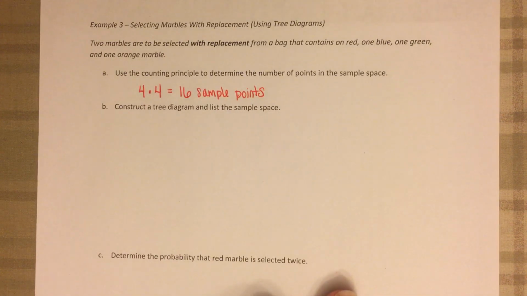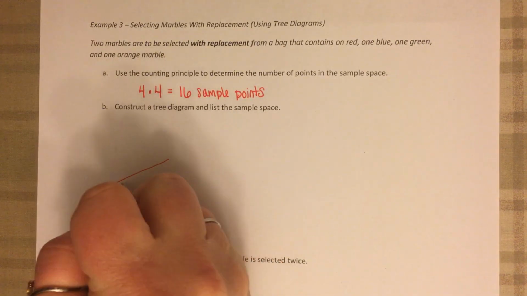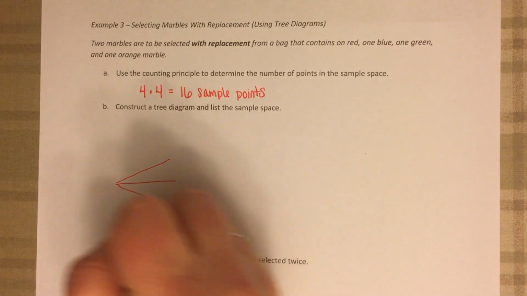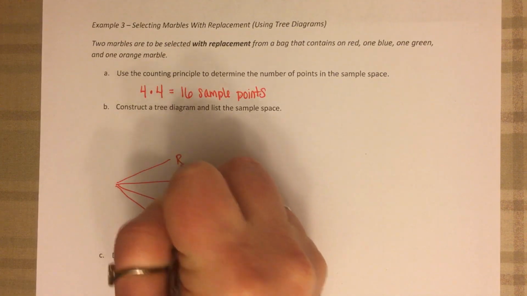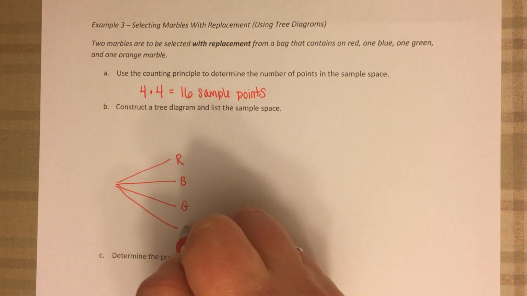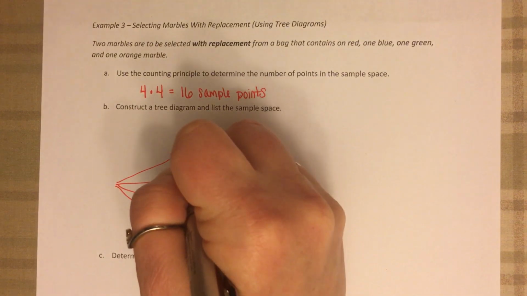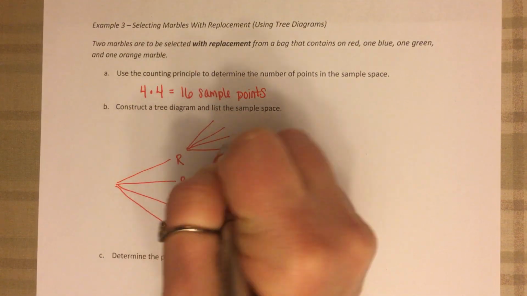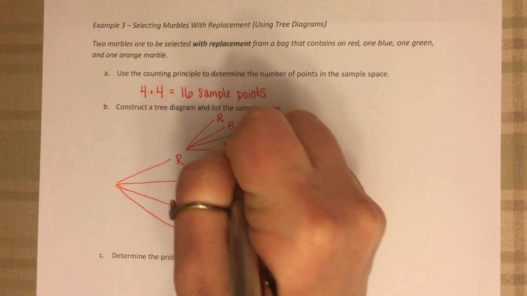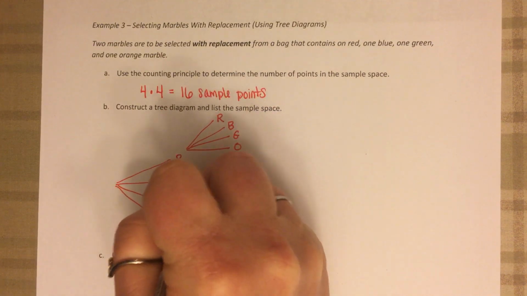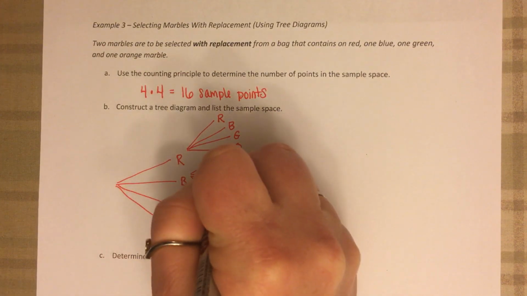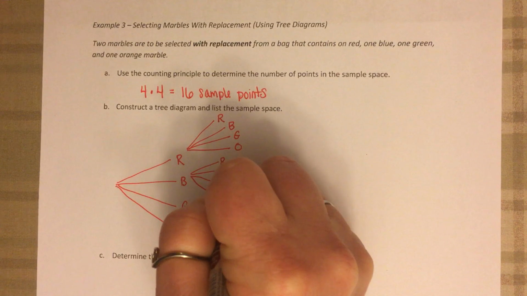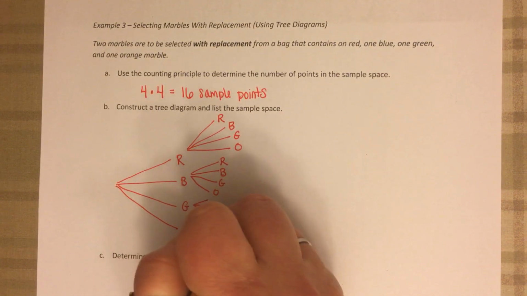All right, our tree diagram. Red, blue, green, or orange. And for each of these we're going to have 4 different options: red, blue, green, or orange again.